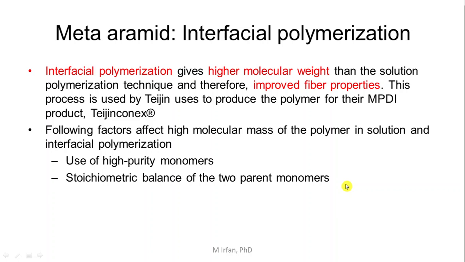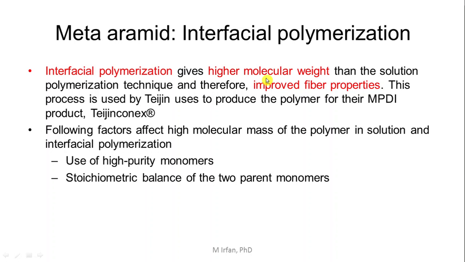Of the two methods, higher molecular weight polymer is obtained through interfacial polymerization, which results in improved properties of the fibers, because we know the higher the molecular weight of the polymer, the superior will be the properties of the polymer.